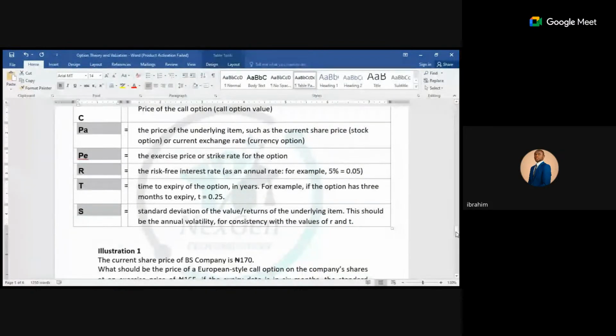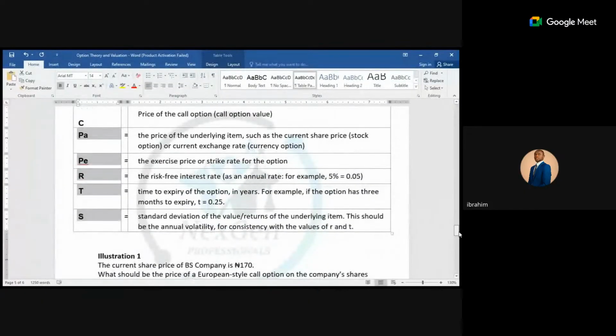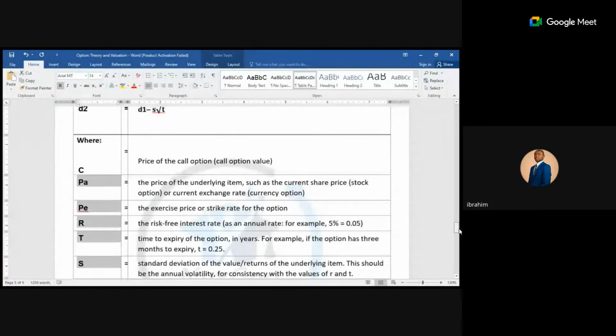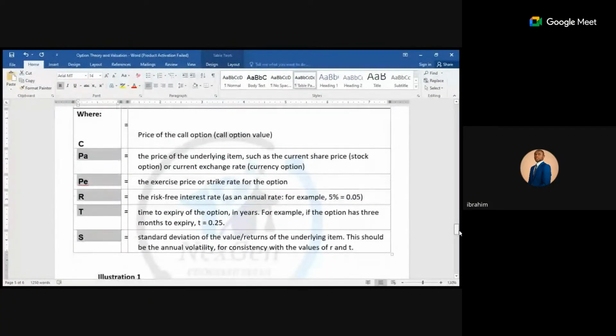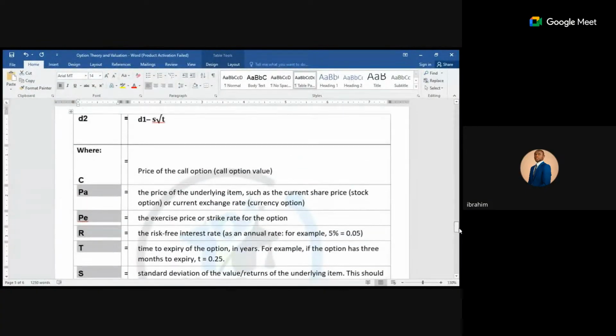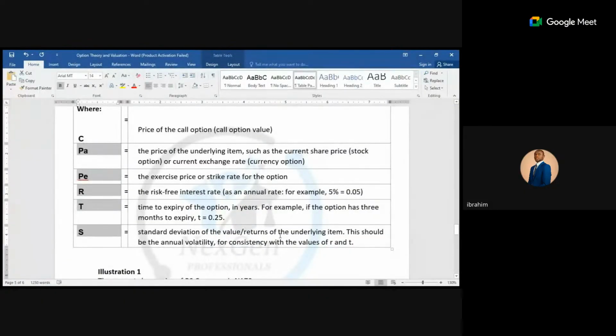So the examiner may ask you to explain the factors that affect the Black-Scholes model. The T is the timing. The S is the standard deviation.